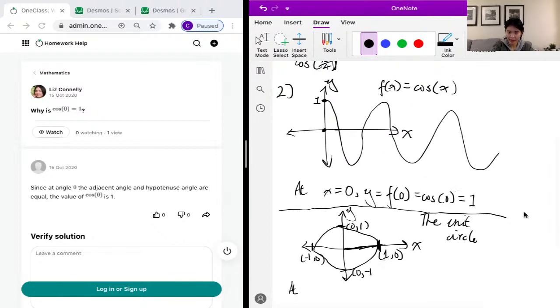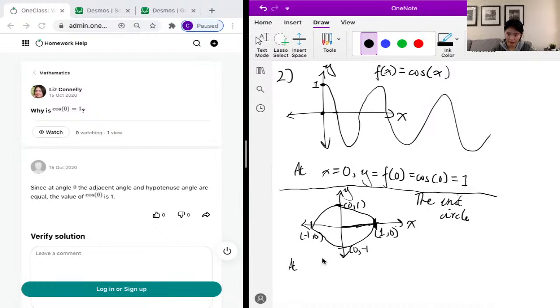Here we know that for our unit circle, at the angle equal to 0 degrees or 0 radians, the x value is equal to 1, which is equal to cos of 0. And this is another reason that our cos of 0 is 1, okay?